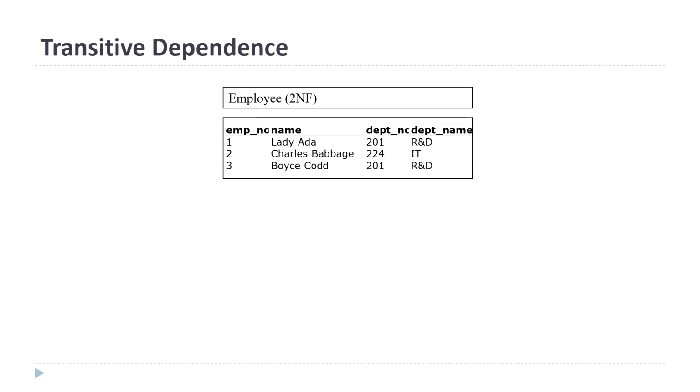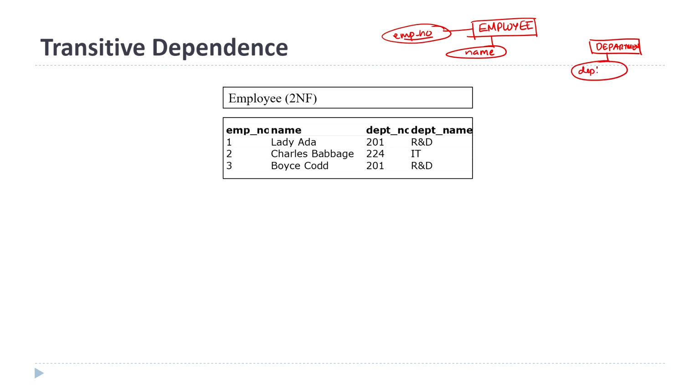So, then how do we solve that problem? As we said earlier, we will take the table that is in the 2NF, which is the employee table. So, we have one entity which is the employee, with an employee number and a name of the employee, and then there is a department entity, with a department number and department name.